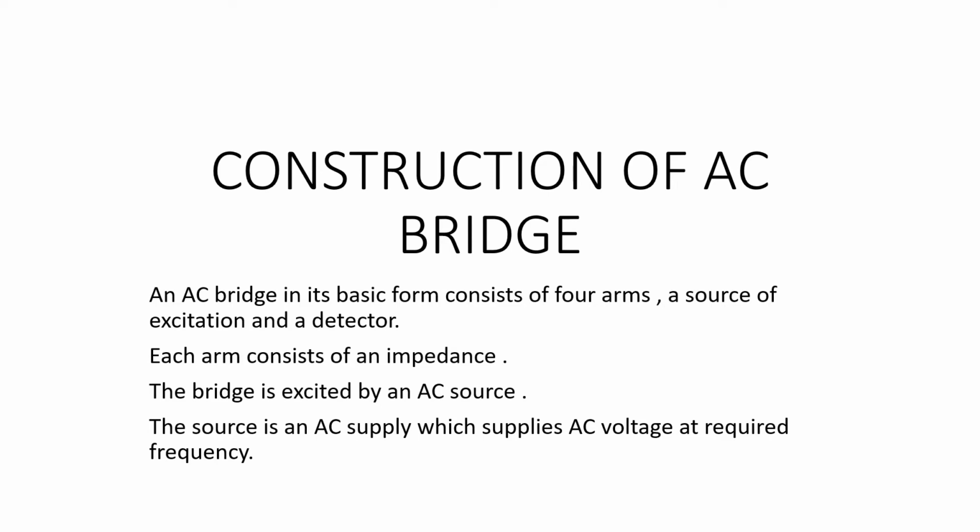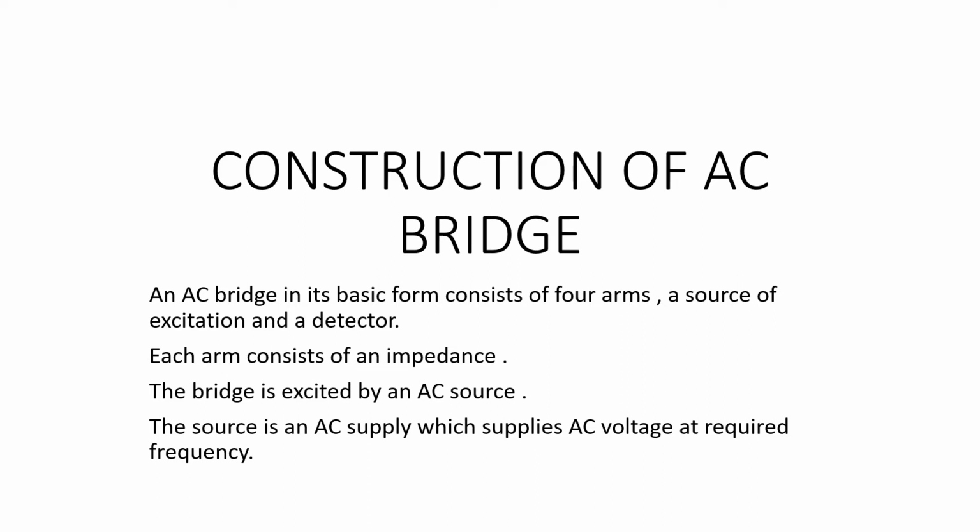Now, let us see the construction of the AC bridge. As I already told you, an AC bridge in its basic form consists of four arms, a source of excitation and a detector.